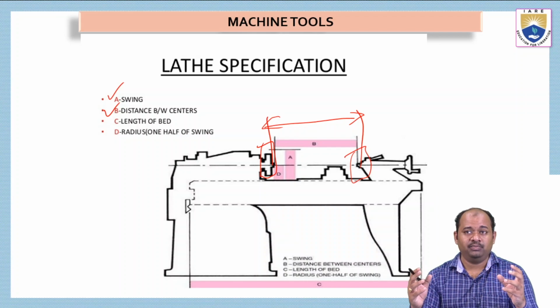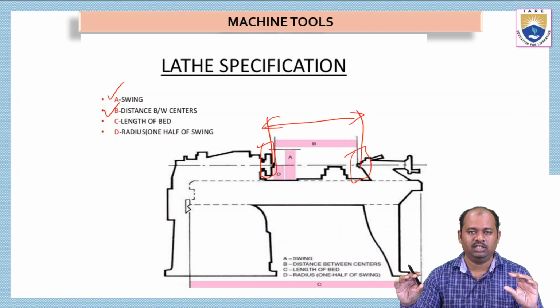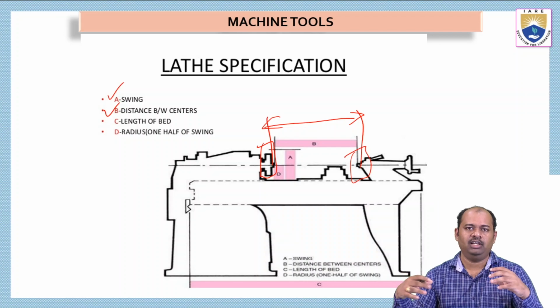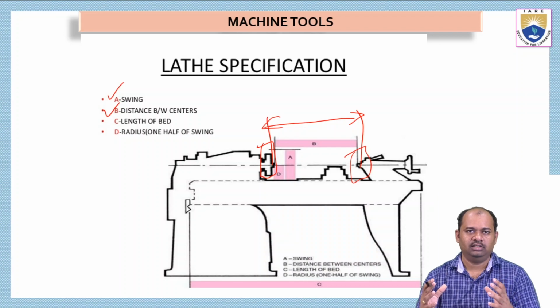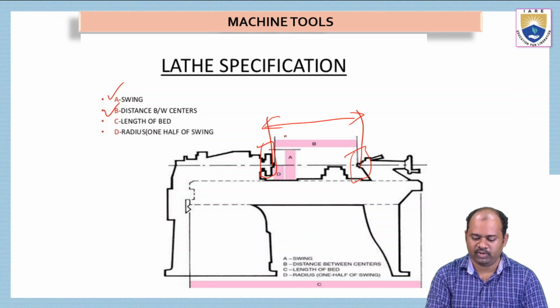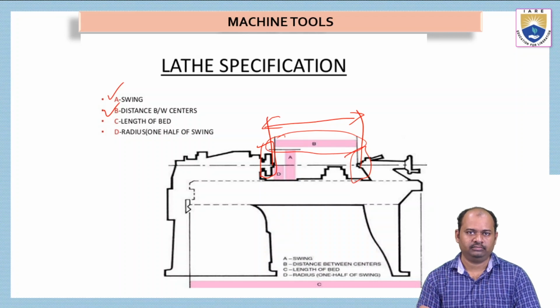But the maximum distance means the maximum length of the workpiece that can be inserted while doing the operations. That is the B value, capital B, and it is called distance between the centers.